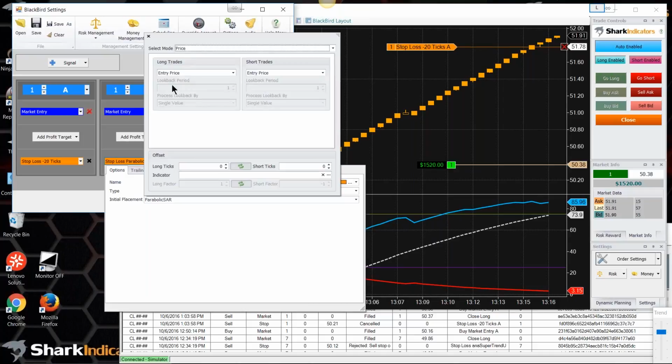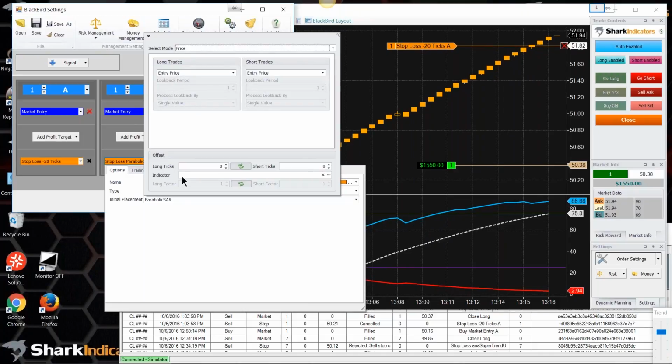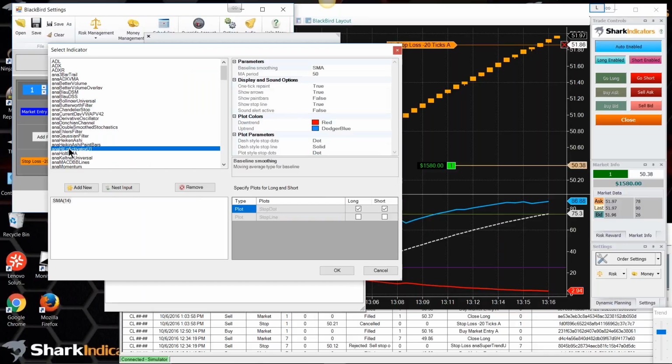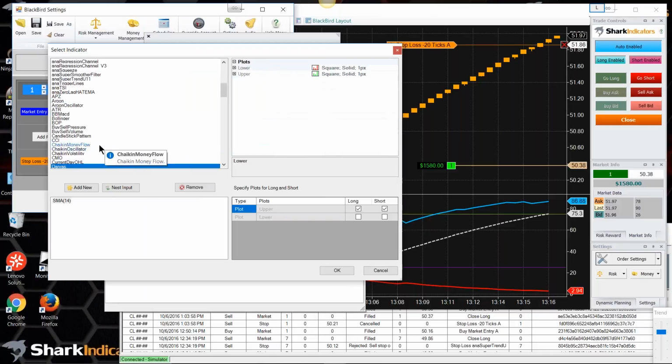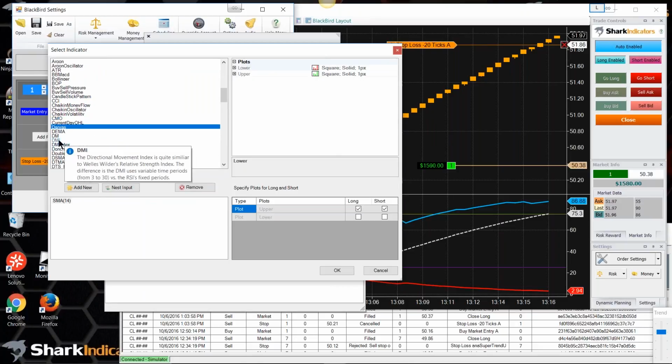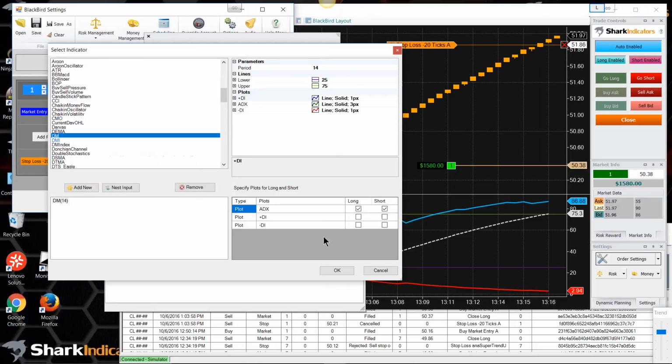So actually, let me go back to price. As an entry price, it looks like the DI plus and DI minus could be used as an offset factor or an offset multiplier.